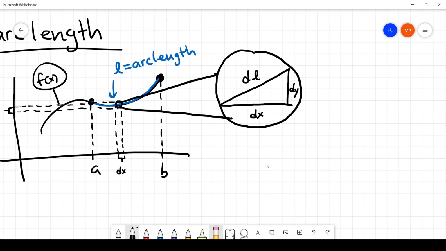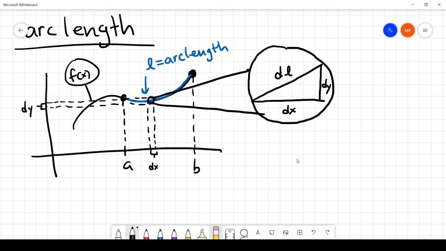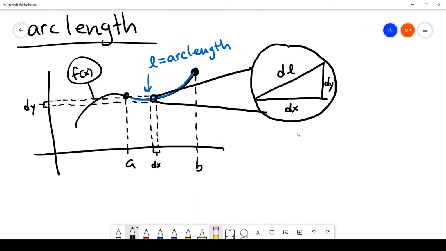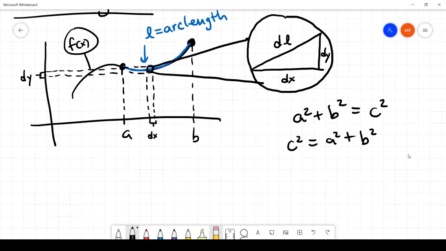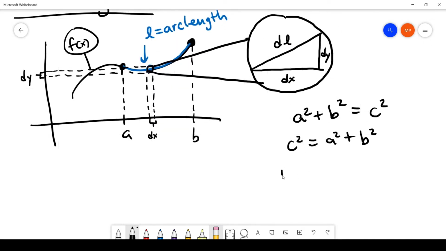And so from this triangle, now we can use Pythagorean's theorem. a squared plus b squared is equal to c squared. And so I'll rewrite this: c squared is equal to a squared plus b squared, just so that as I write this function, it'll look a little bit more clean.